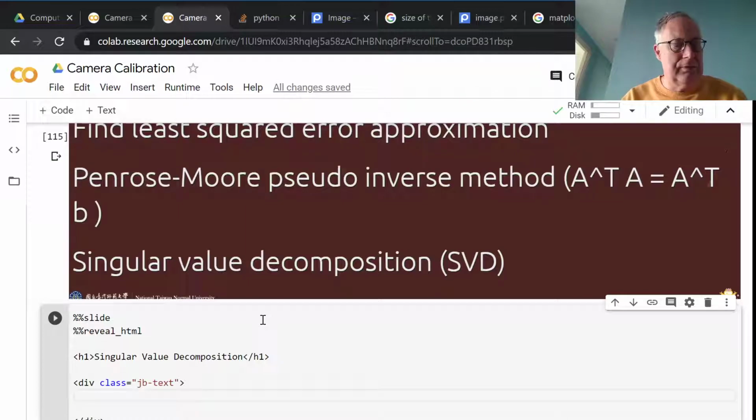Singular value decomposition is a very popular, very clever method for decomposing a matrix.